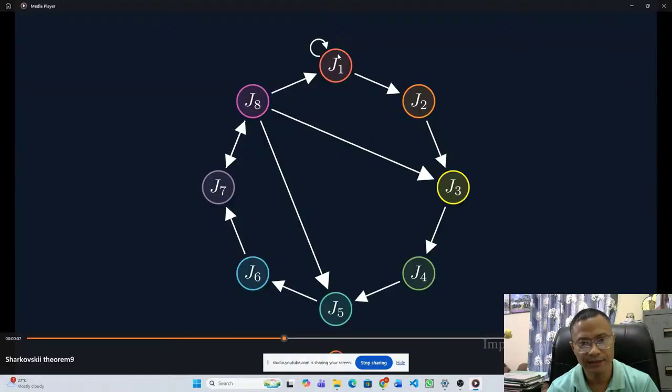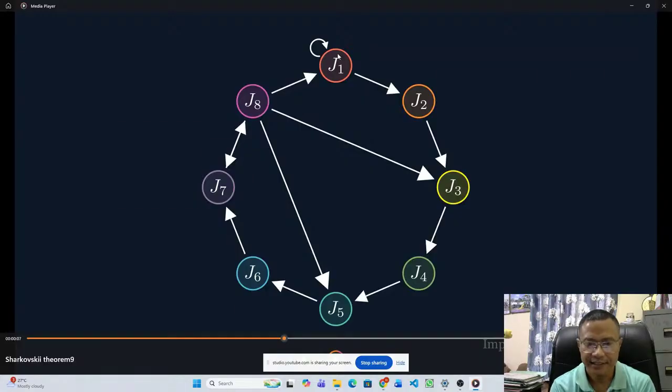These are all odd numbers less than 9 but greater than 1. Since there is no primitive cycle of length 3, 5, and 7, we cannot have a periodic point of period 3. So this is a typical Markov graph of a periodic point of period 9 in which there is no periodic point of odd period less than 9 and greater than 1.